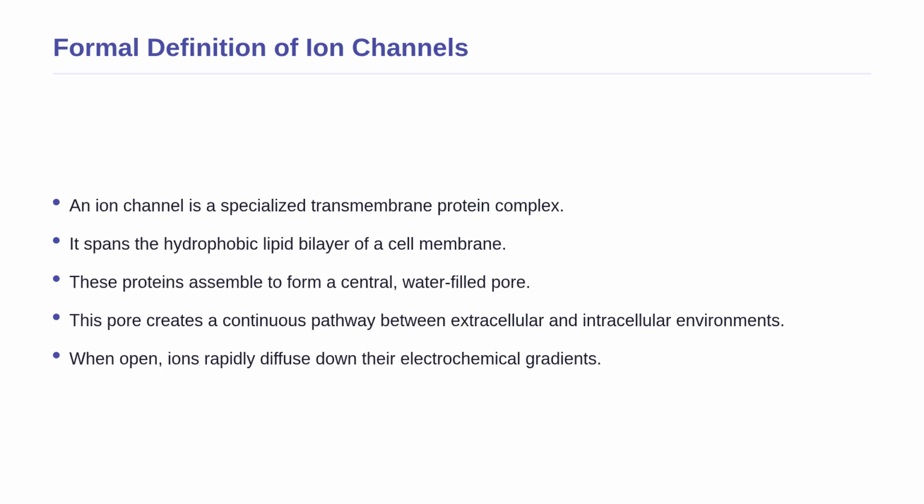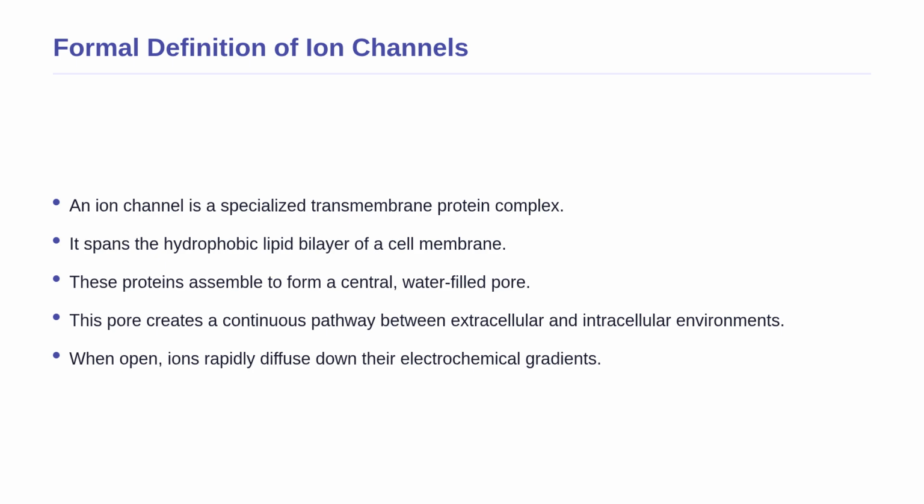Now that we have a conceptual picture, let us look at the formal biological definition. An ion channel is a specialized transmembrane protein complex that spans the hydrophobic lipid bilayer of a cell membrane. Think of it as a tunnel built out of proteins.